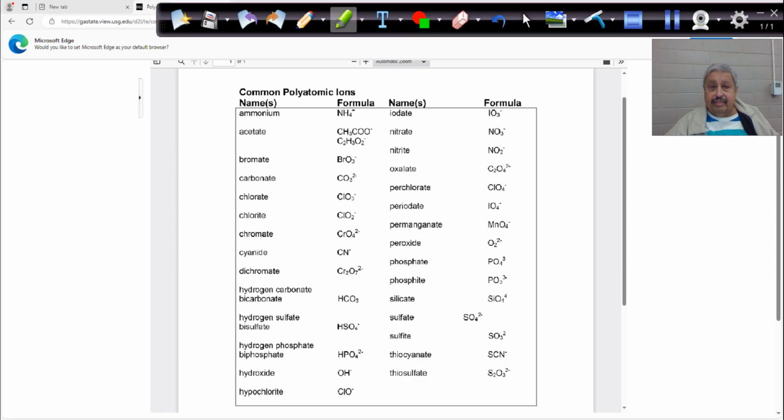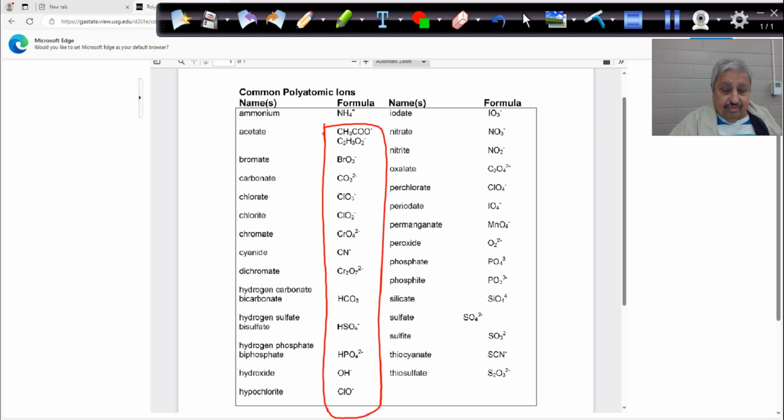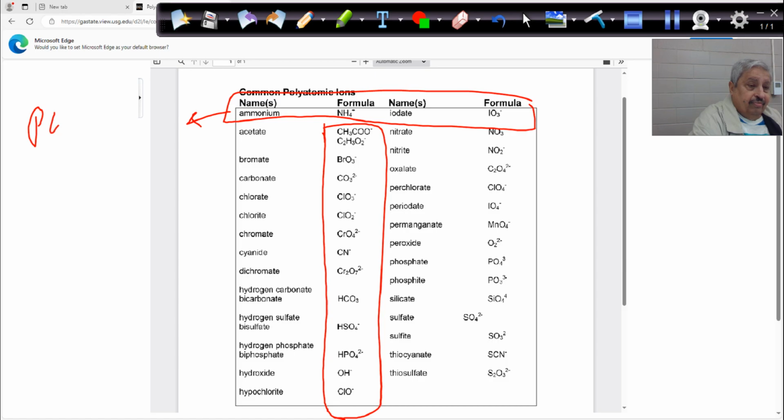And there are many. This is just a few. There are way too many. Okay, guys? The only positive one is this one here. This is the only positive polyatomic ion.